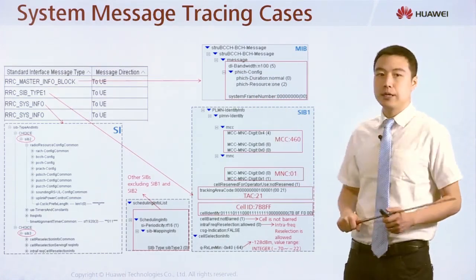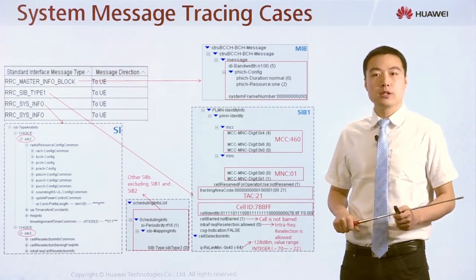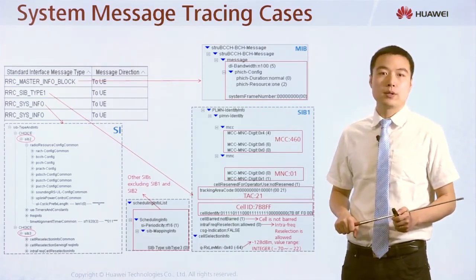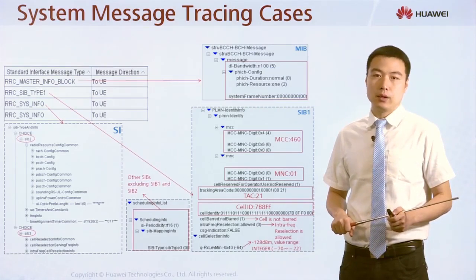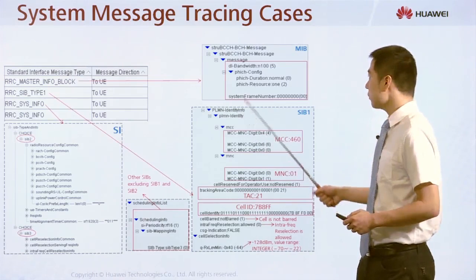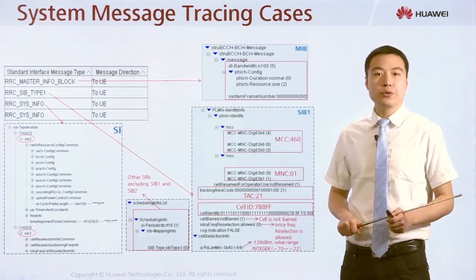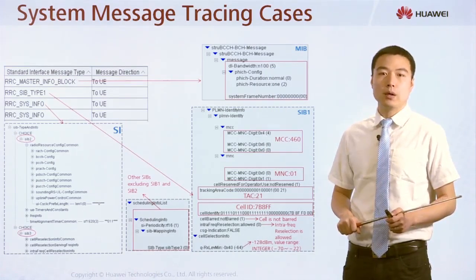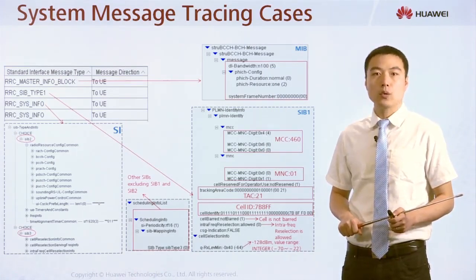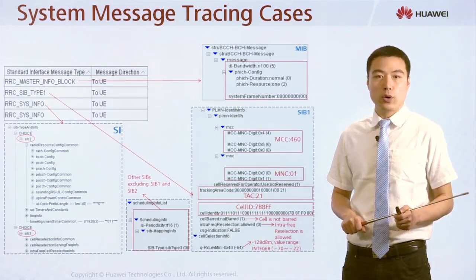In LTE systems, LTE supports 6 different bandwidths from 1.4 MHz to a maximum of 20 MHz. Here, N100. N100 means 100 RB, 100 resource blocks, which means the bandwidth is 20 megahertz.